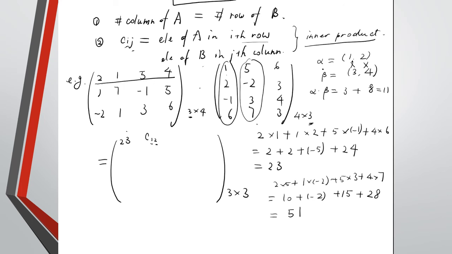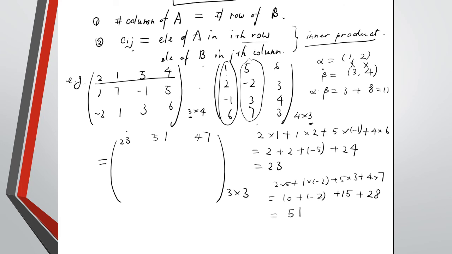Okay, so did you pause the video and calculate the other elements in the product matrix C? If you did, perfect. So let's double check if you got the correct answer. So we got the first one as 23, second one as 51, okay? I will move this a little bit here to make it more clear. And the third one in the first row will be 47.